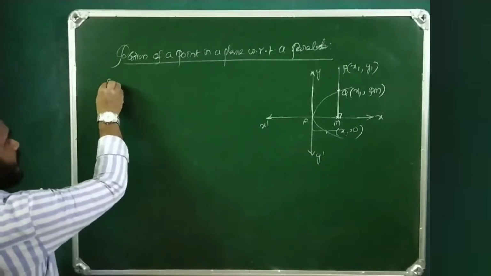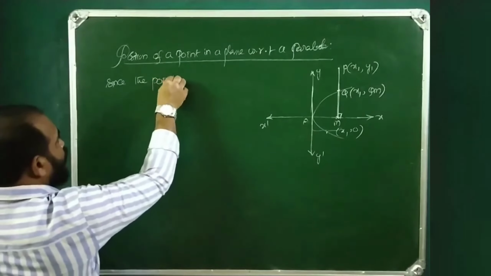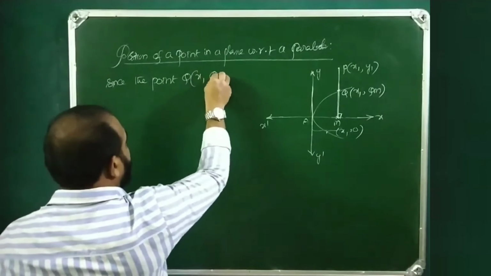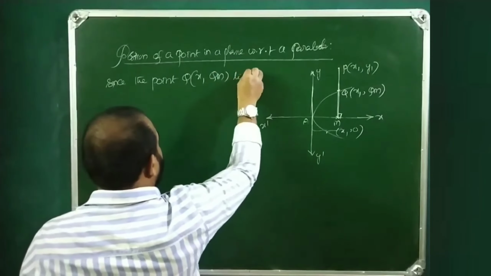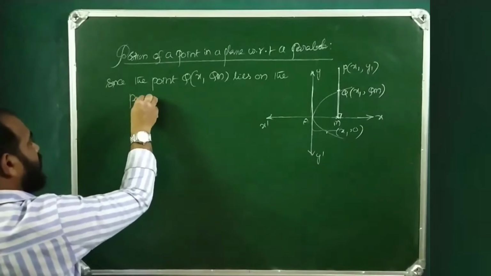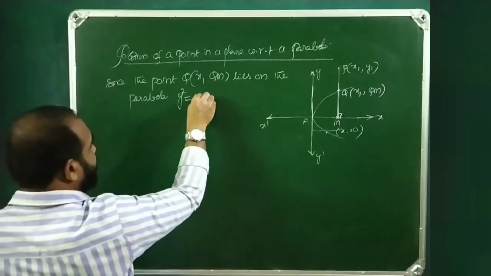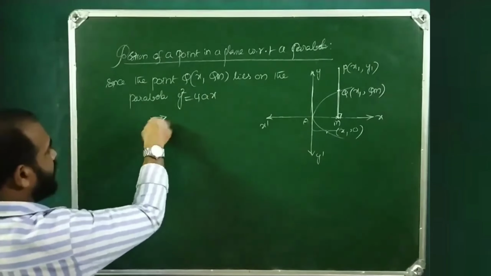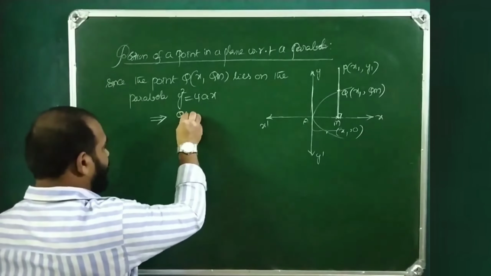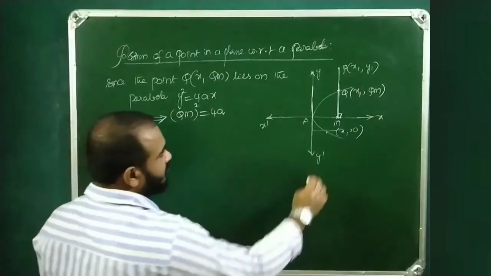Since the point Q(x1, QM) lies on the parabola y square equals 4ax, QM whole square equals 4a into x1.